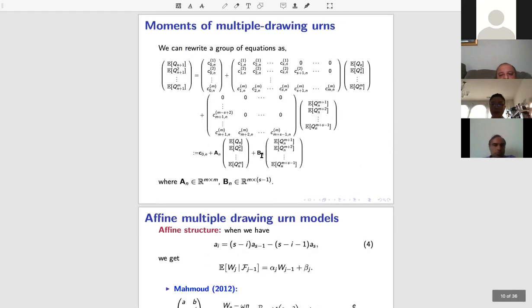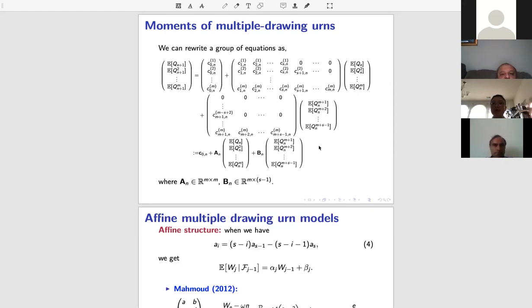And maybe it's more straightforward to see this in the matrix form. If we write the moments of Qn+1 as a vector, this vector is linked to the 1st up to m-th moments of the previous step by this An matrix, and it's linked to the moments of Qn, or higher moments of Qn, all the way up to m+s-1 by this Bn matrix.